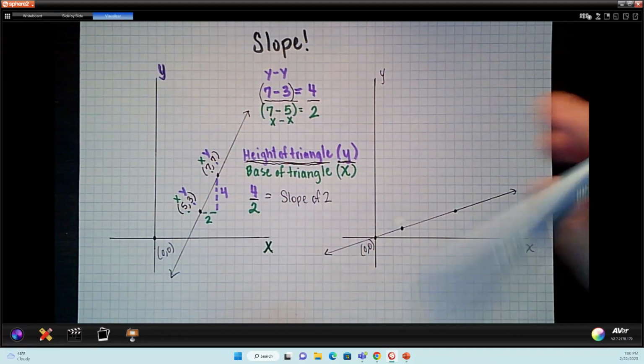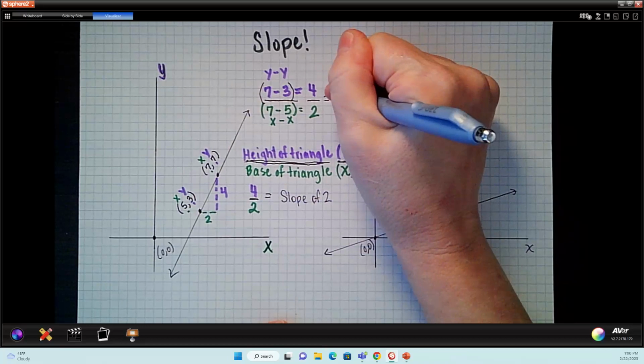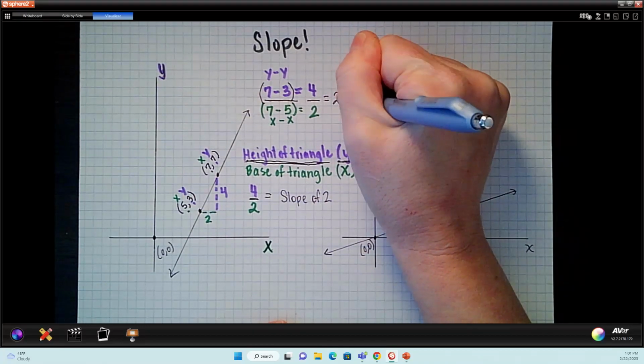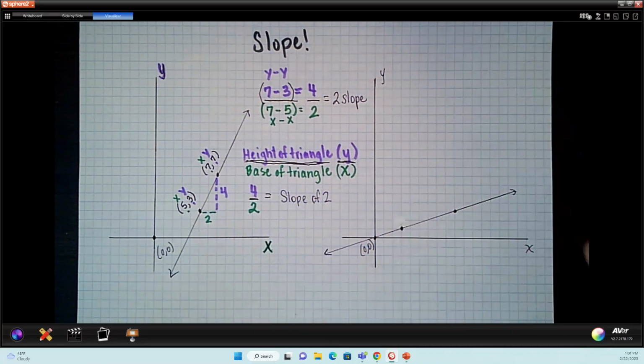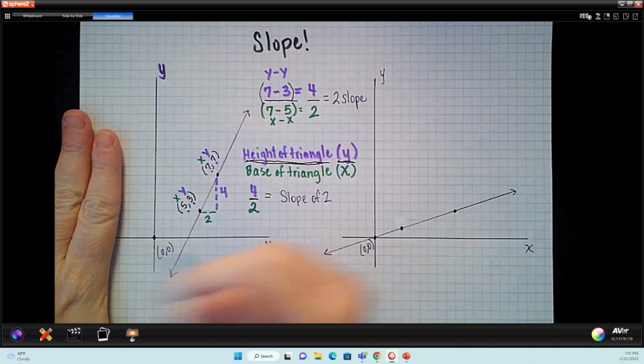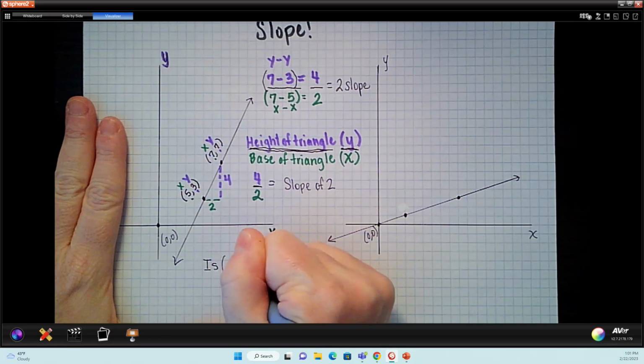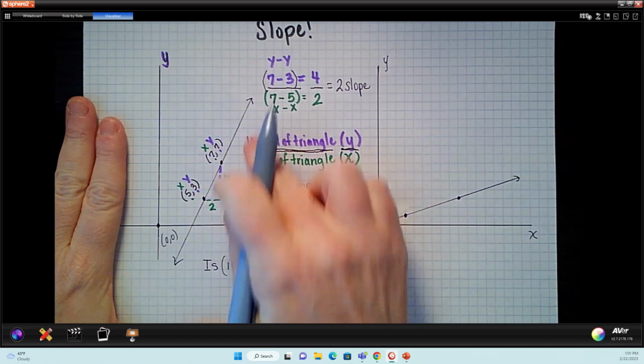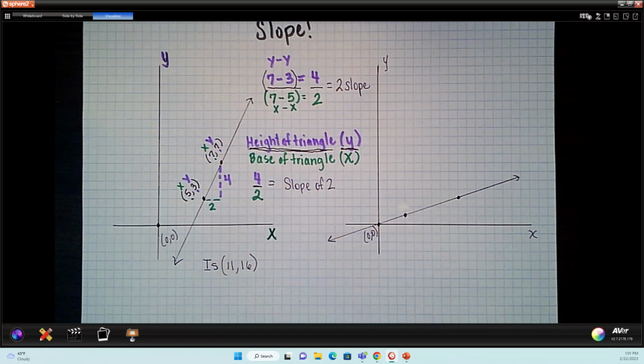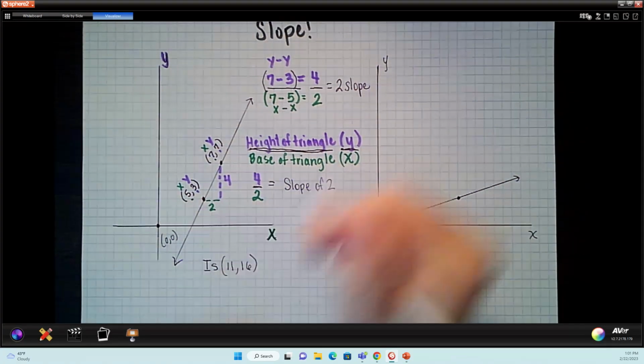The subtraction strategy does work, though, when we're trying to prove if a point is on a line. So let's say I want to know, is the point 11, 16 on this line? Now, I could try to graph it, but if I want to just do a quick proof and determine is it on the line, I can test it with my equation.